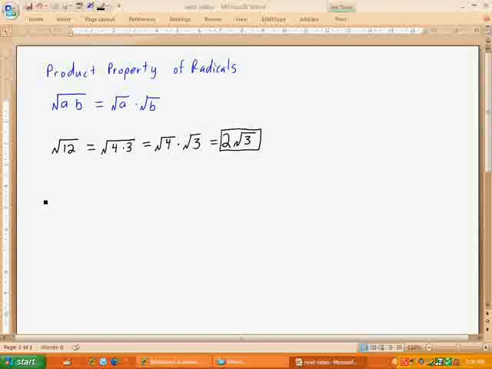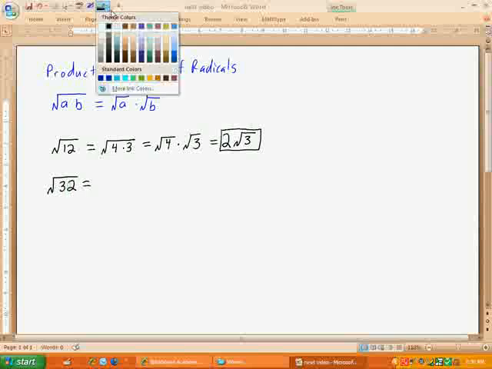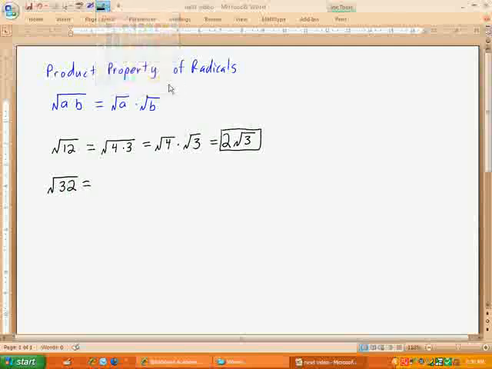Okay, so let's go ahead and do another example. We're going to look at the square root of 32. Now one way to do this is to recognize the things that multiply together give us 32. Now I know that 32 is 8 times 4.